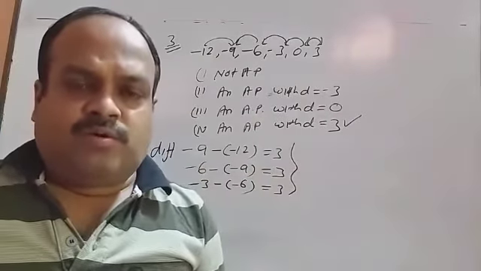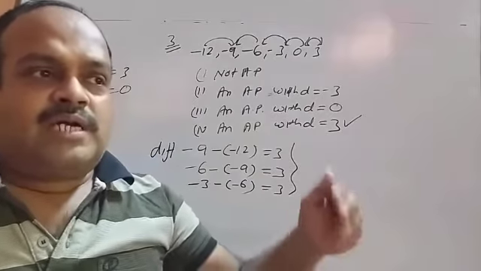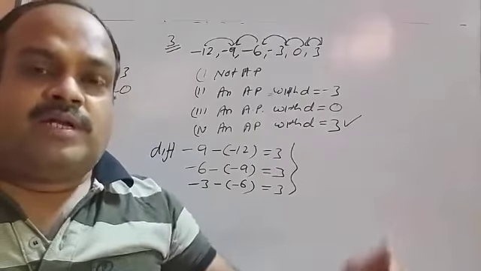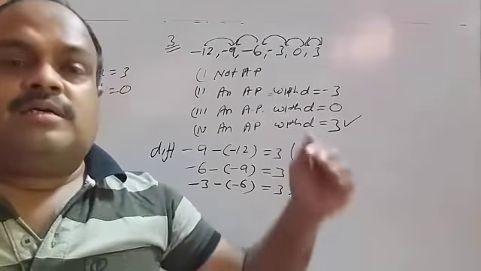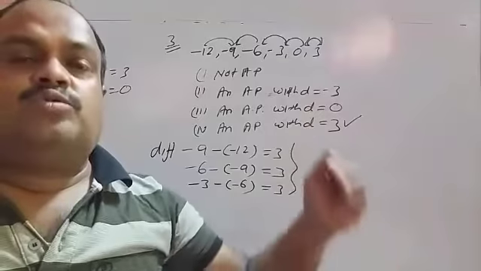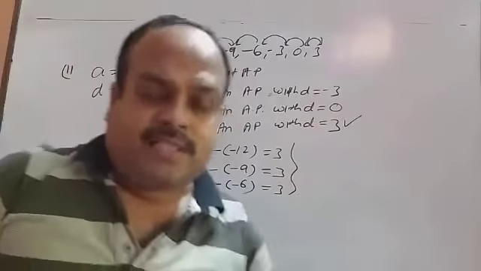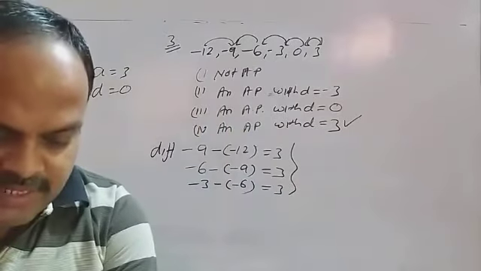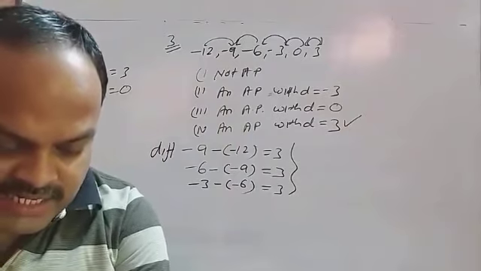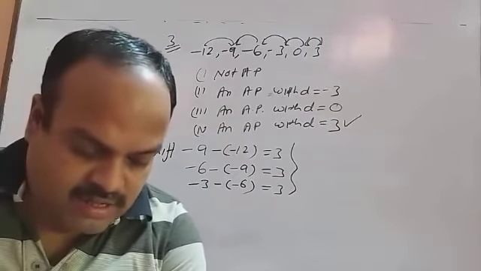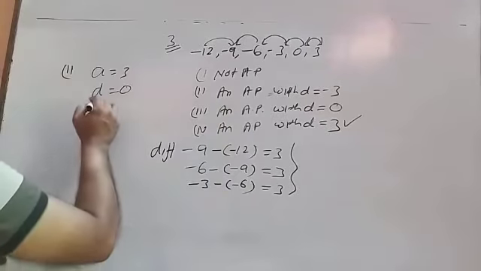How will the series move? Because we know that to form an AP, we add the common difference D to a term to get the next term. So in an AP, A is 3, D is 0 and N is equal to 7.